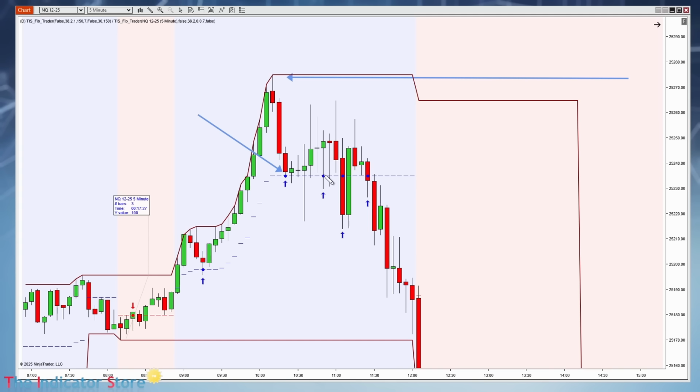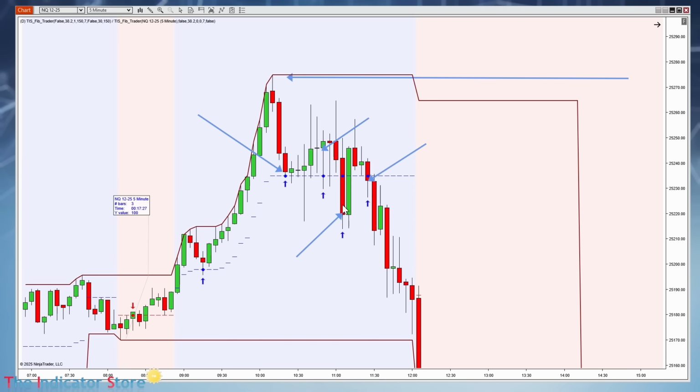This one has also a close over the level, but not this one, because this bar is red, so it is closing below. Okay, and the same here. So if I want the close in agreement, I want the close over the entry line.